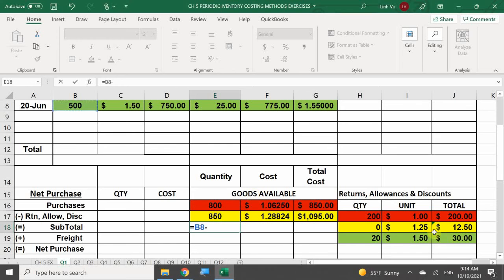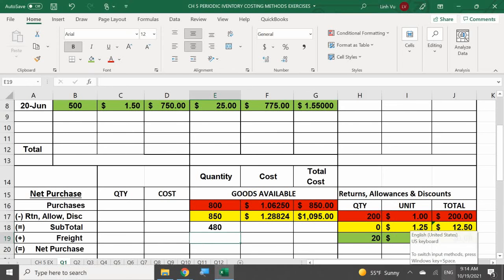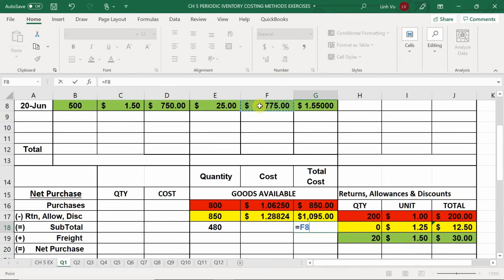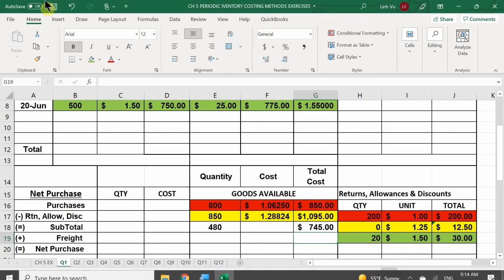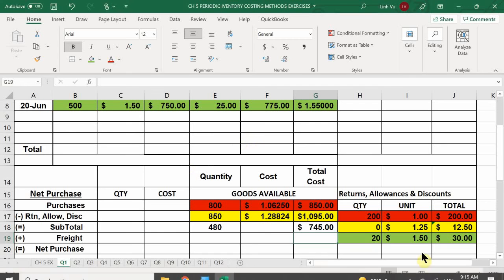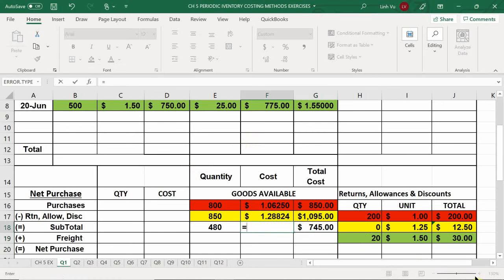I end up returning 20 of them back. And I no longer am charged $775, right? I end up getting a $30 refund. So therefore, I'm left with $745. I have a new quantity and a new total cost. So now that means I am obligated to recalculate my new cost per item. So in this case, what is my new cost per item?